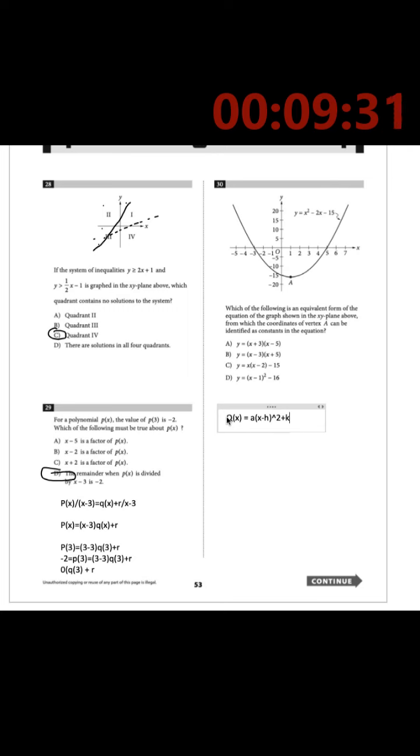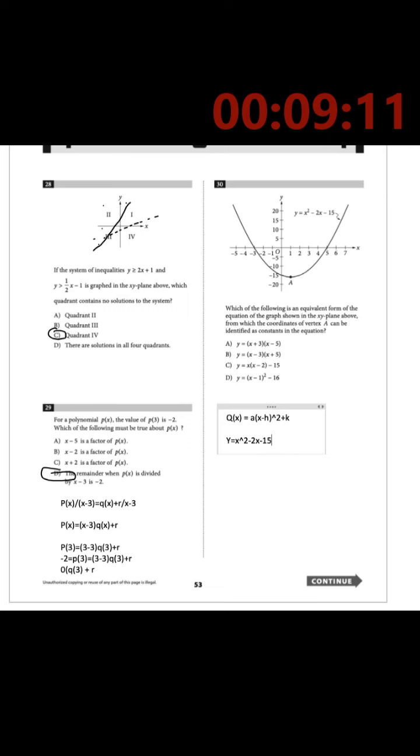So we know the equation of the graph is y equals x to the power of 2 minus 2x minus 15, and the coefficient of x is negative 2.